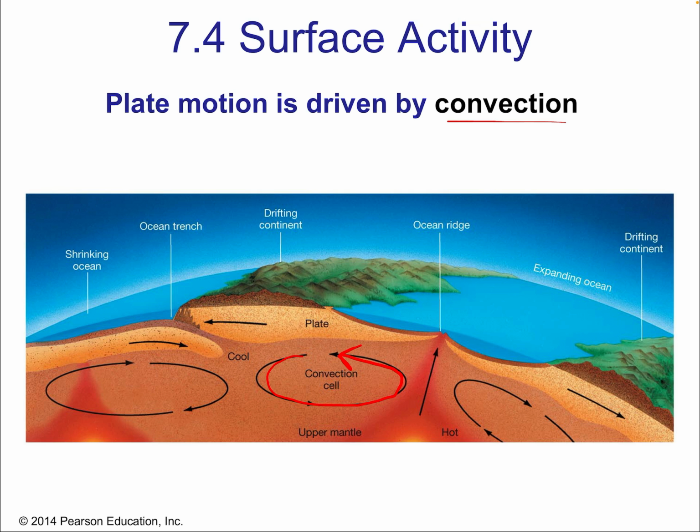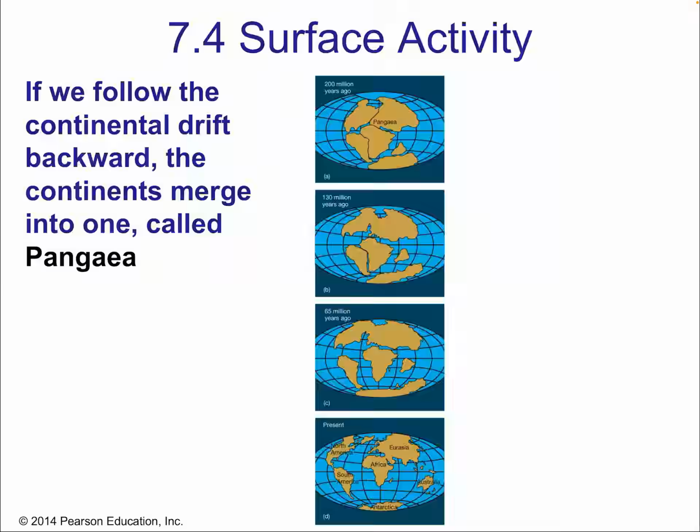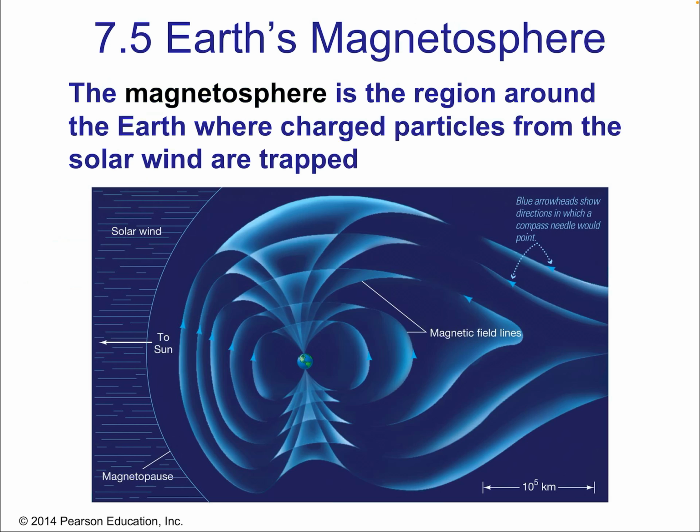And that pushes the thin, very light crust around as the mantle does its convection zone movement driven by heat, okay? So if we follow continental drift backwards, we can see that the continents were all at one point formed together in Pangaea, and they have been splitting apart since, okay? And they'll continue to move over the next hundreds of millions of years, forming new continents and new supercontinents. It's just a continual process, all right?